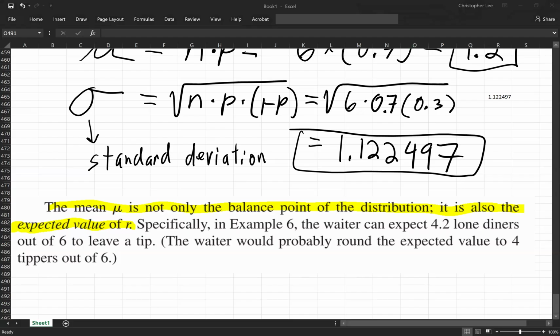Six, right? 4.2. Then the q would be 1 minus p equals 1 minus 0.7.